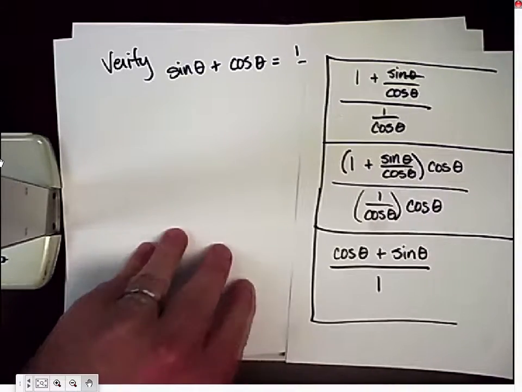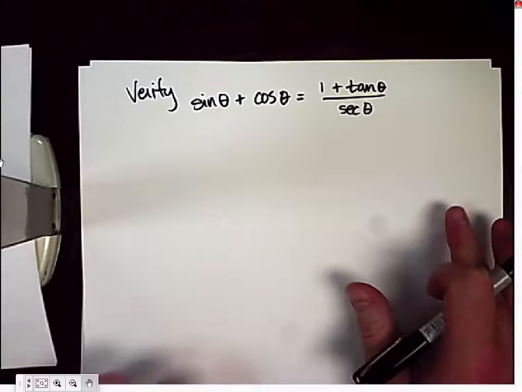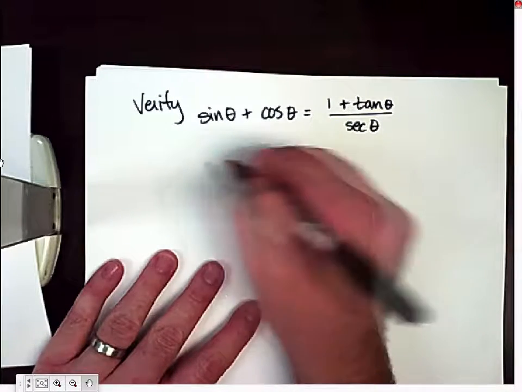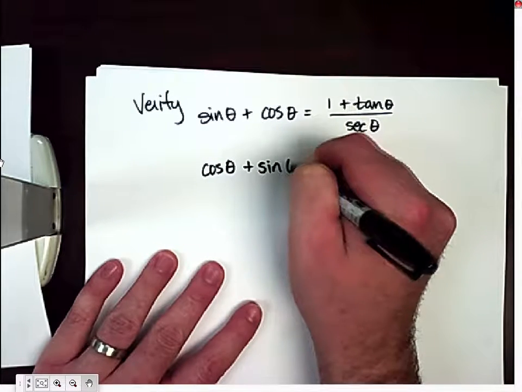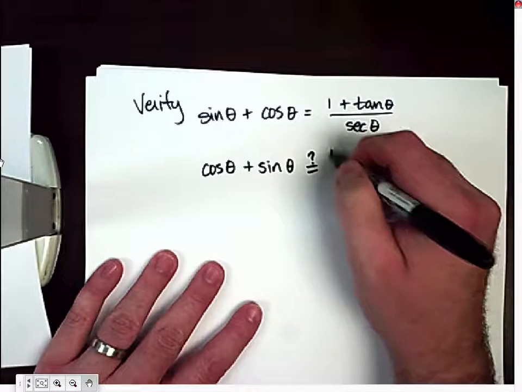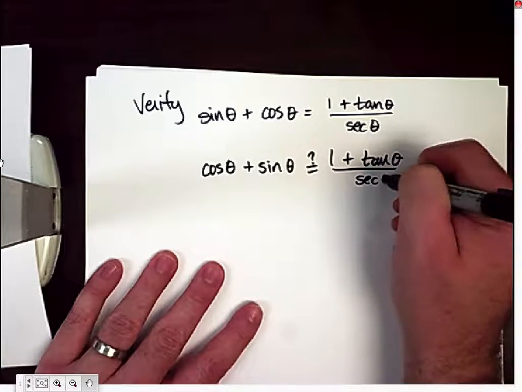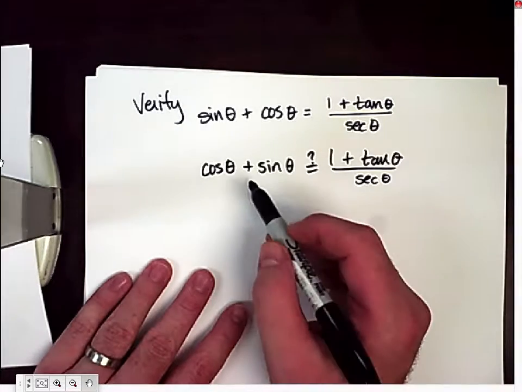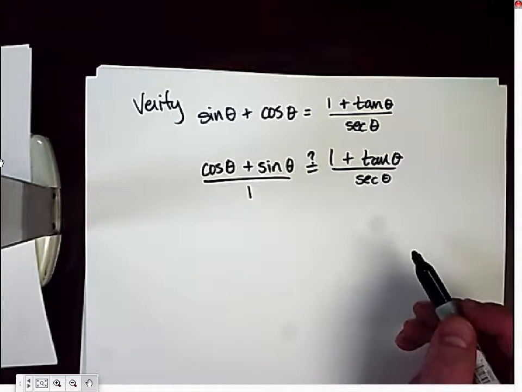So now you write it in the reverse order. The first thing I would do is change the order of these. So I would say cosine theta plus sine theta, does that equal 1 plus tangent theta over secant theta? Then put that over 1. And you could do that in one step.